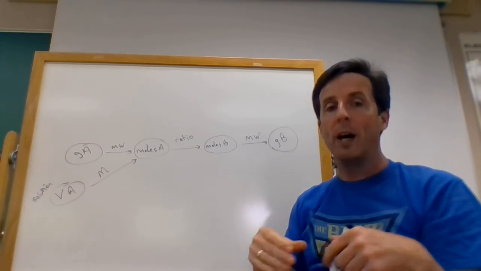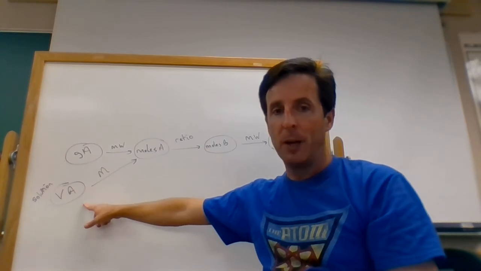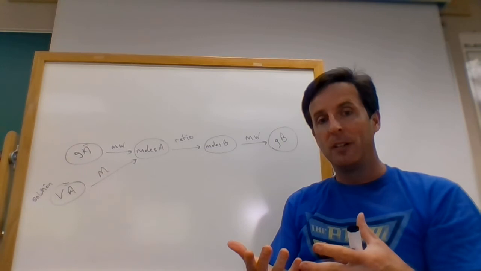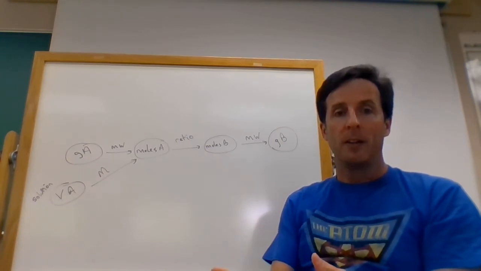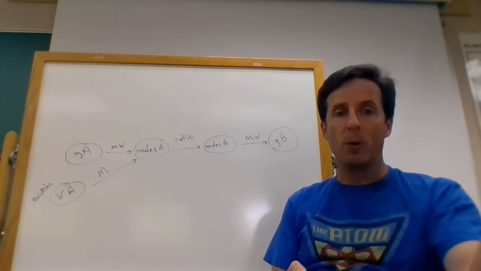Now, when would I use this? Well, if my sample's in solution, then I'm going to measure the volume and the molarity. If my sample is a solid, then I'm going to weigh it. If my sample is a pure liquid, I could weigh it. Like pure water, I can go weigh the water, right?